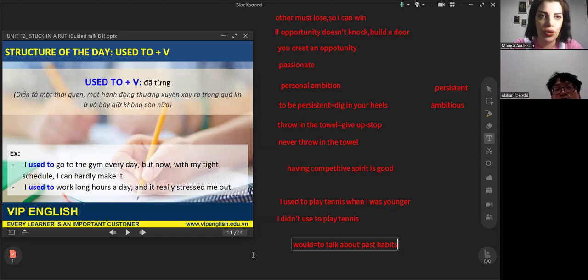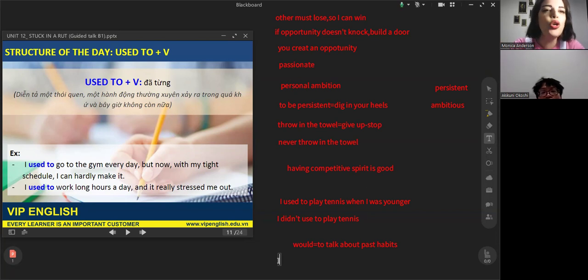And we have another difference. We have stative verbs like love, like. They are not action verbs. Would can't be followed by stative verbs.